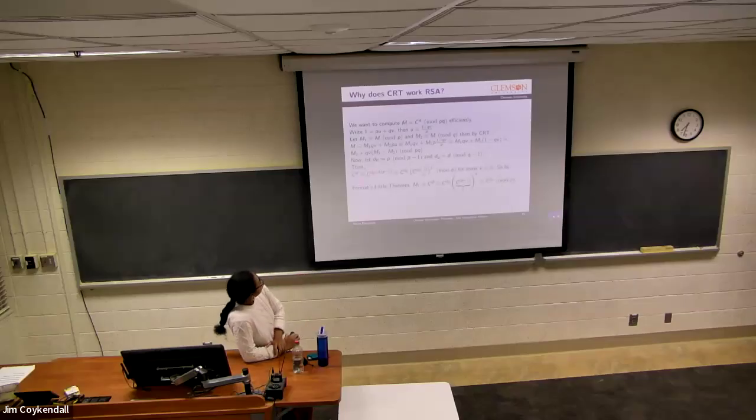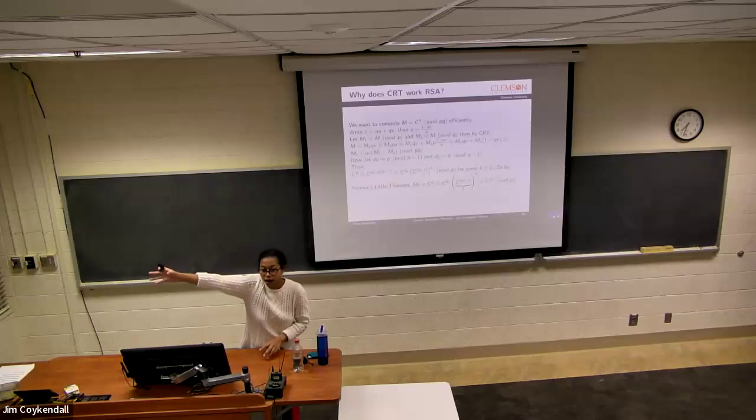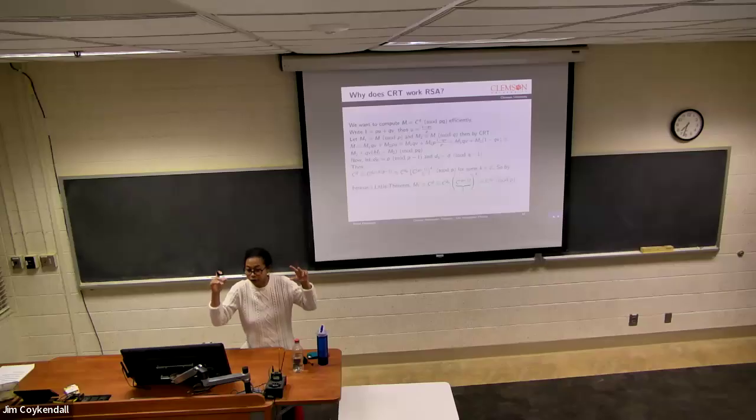Because when we compute C to the power of D, we can rewrite it as dp plus some multiple of p minus 1. This dp is now smaller because we are taking the remainder, and then because of Fermat's little theorem, we know that this part right here is going to be 1. So instead of doing the exponentiation with a very big number, we now use a much smaller power.